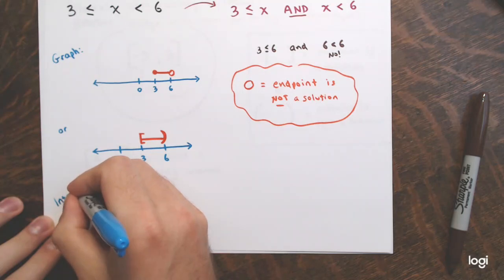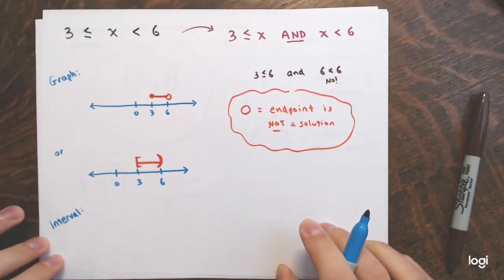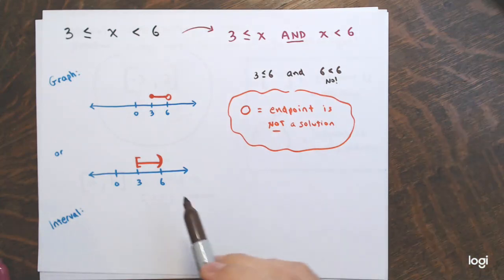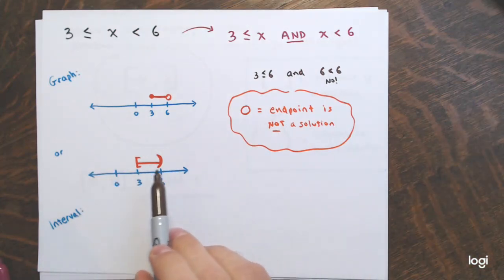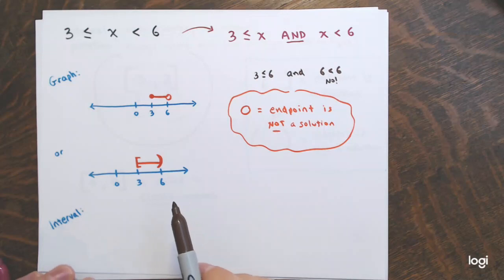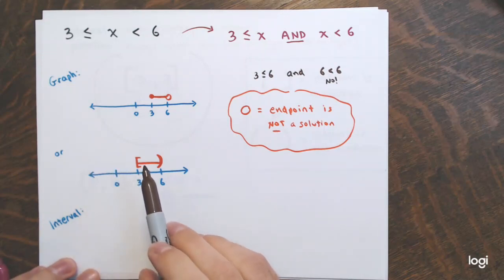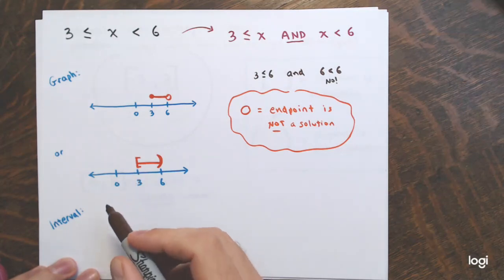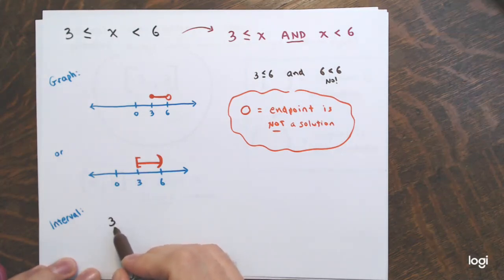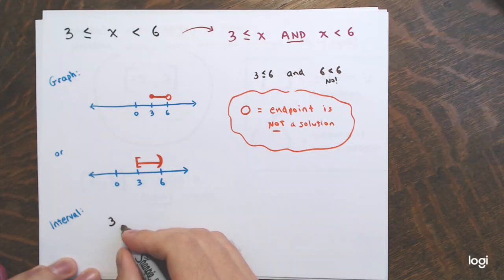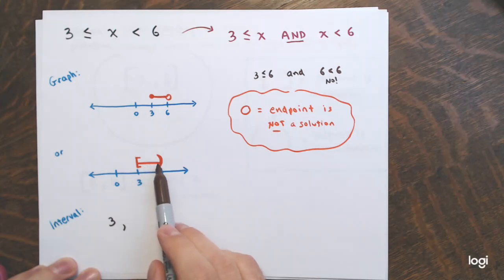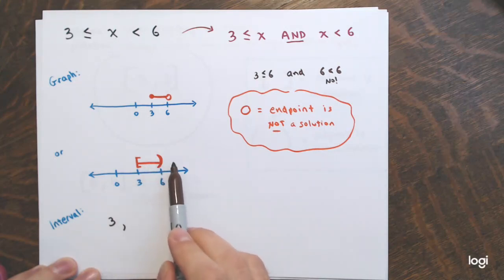Writing the same set of solutions in interval notation. Again, I just go from low to high numbers. Go from left to right always. When I first enter the solution set here, the left endpoint is the number 3. So I put the number 3, my left endpoint, comma, and then there are solutions to the right of 3, solutions, solutions, solutions, and then I exit this piece.